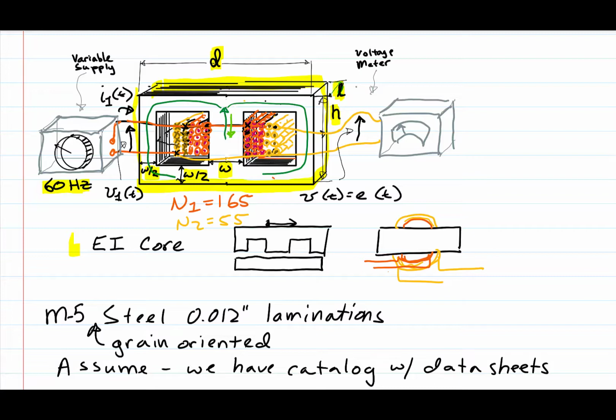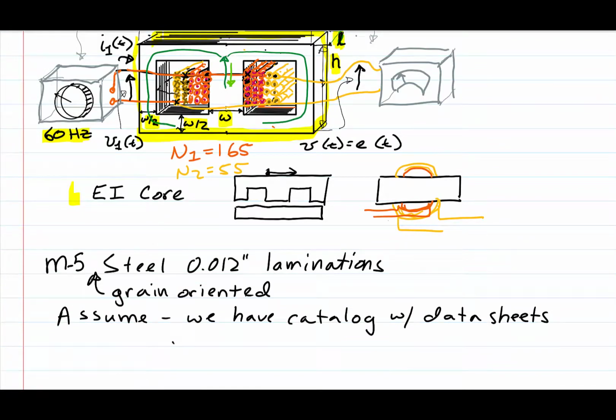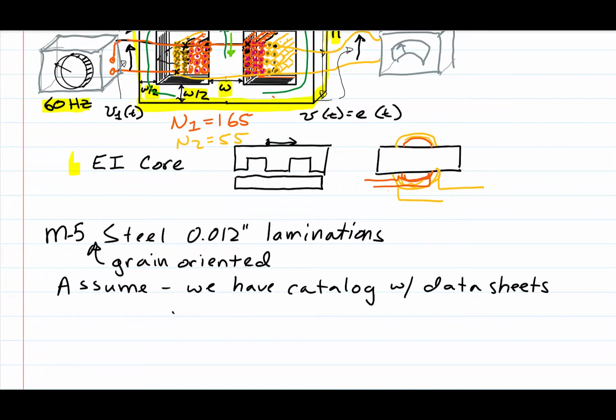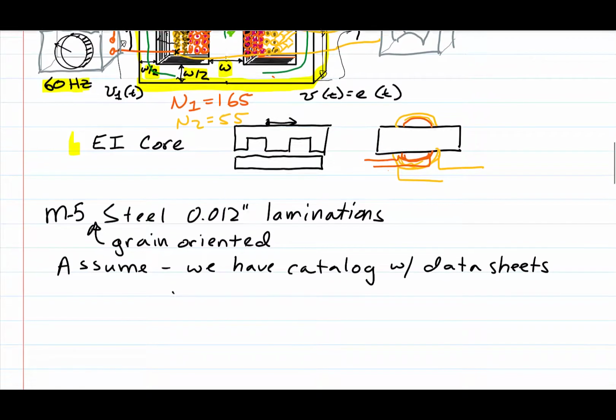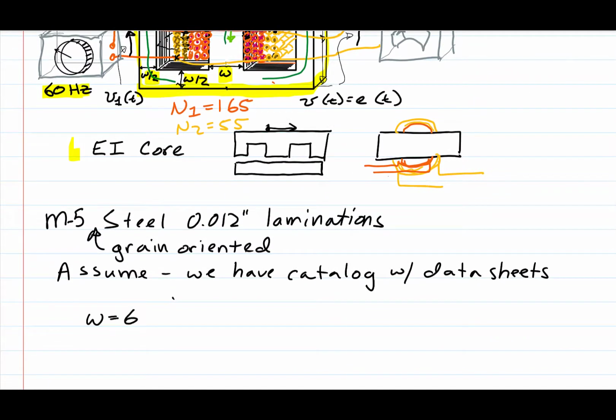If, for example, you need to calculate the magnetic length of the core, in this particular example I'm going to write down the dimensions that we have been given. The width is 6 centimeters. The physical length is 3 centimeters. The width of the whole structure, which I'm calling D, is 14 centimeters, and the height is 10 centimeters.